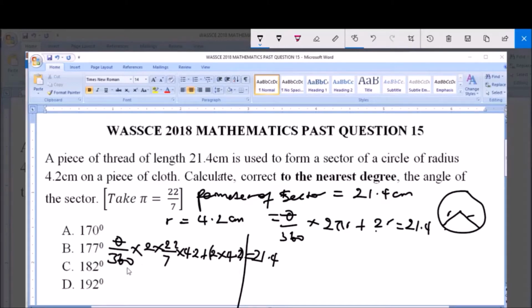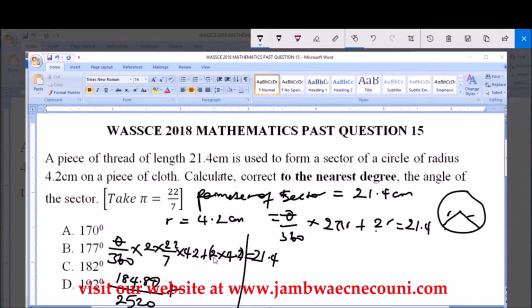Now from this we can see 2 multiplied by 22 multiplied by 4.2 will give us 184.8. So we can say 184.8 theta all over, now 360 times 7 will give us 2520, plus, now 2 times 4.2 will give us 8.4, is equal to 21.4.